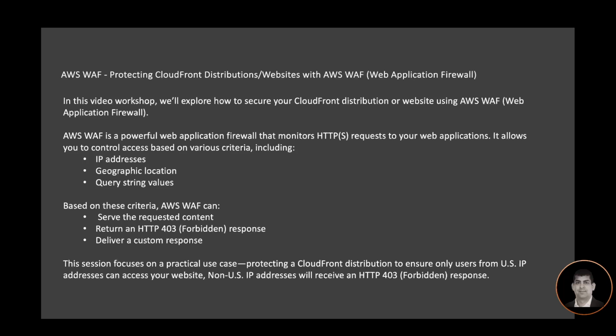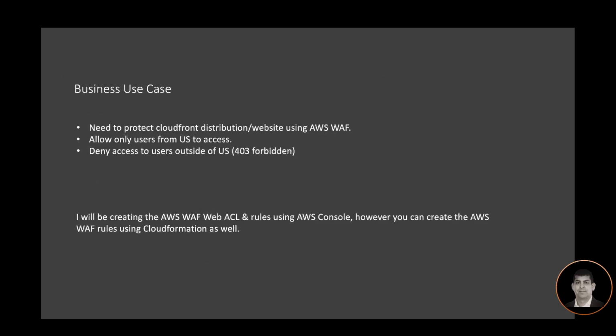This session focuses on a practical use case, which is protecting a CloudFront distribution to ensure only users from US IP addresses can access your website. Non-US IP addresses will receive an HTTP 403 forbidden response. Let's look at our business use case. We need to protect the CloudFront distribution website using AWS WAF.